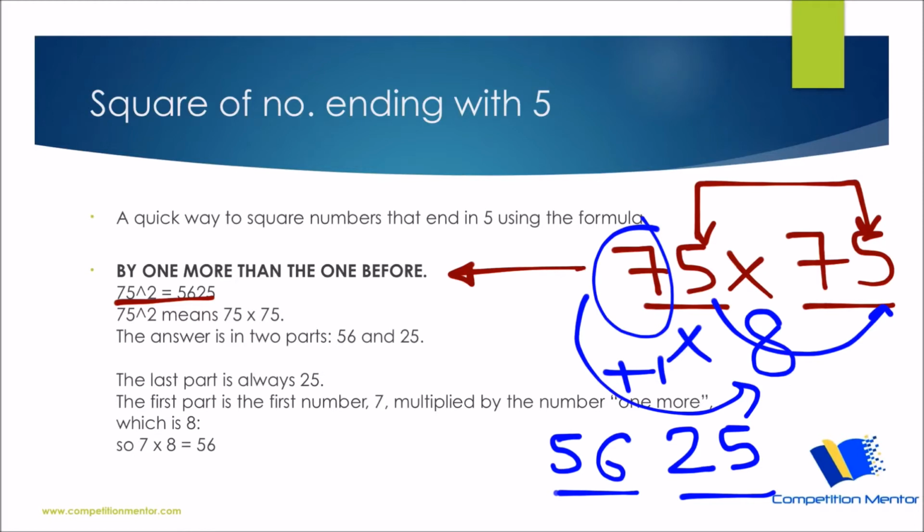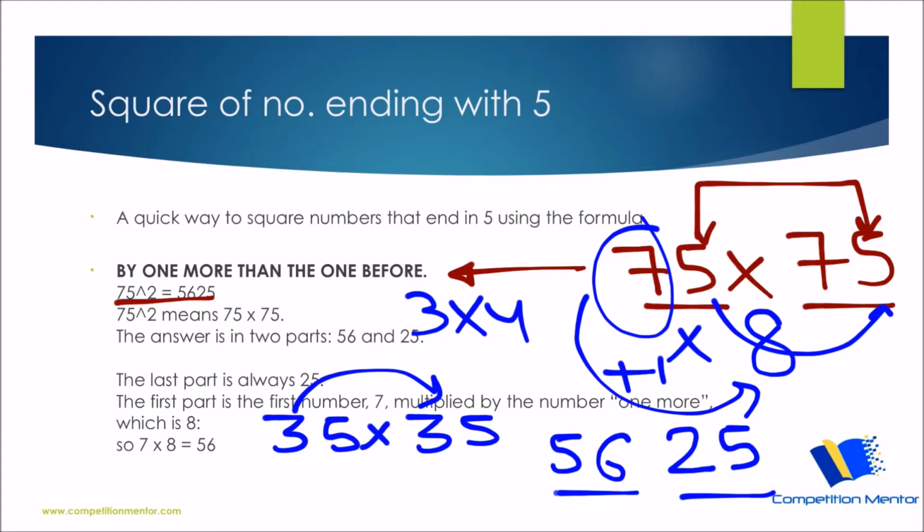So this is the smallest trick you should know, which helps in getting a speed maths logic for numbers ending with 5. I hope it's clear. Whatever number you have, for example, if you consider 35 square, right? So 35 into 35. 3 plus 1 is 4. So 3 into 4, that is 12.